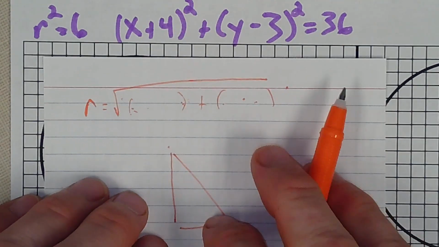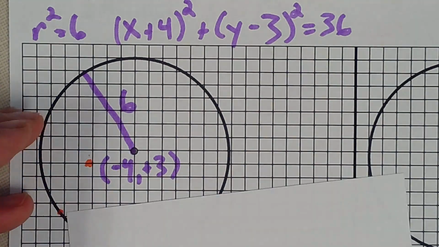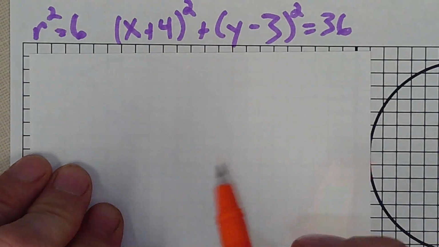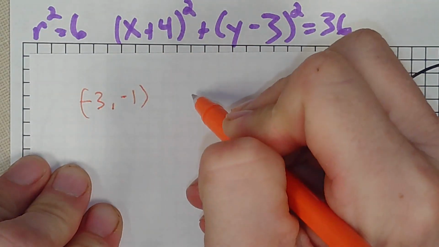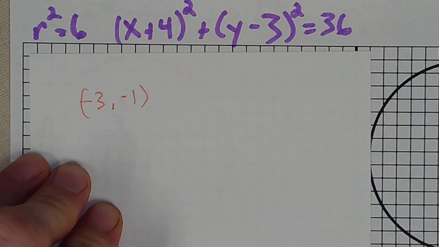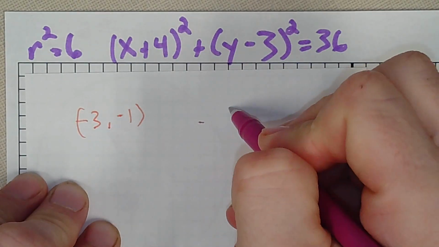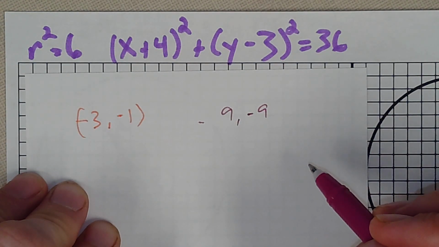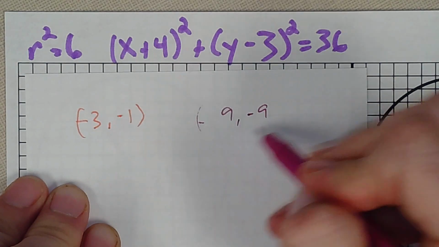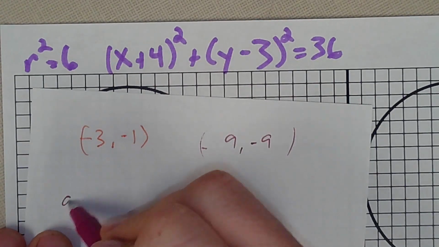Okay, so here's an example. Say I have 2 points. I have -3 and -1, and I have another point, we'll use burgundy, -9 and -9. Okay, and we'll see what the distance between the 2 points is.